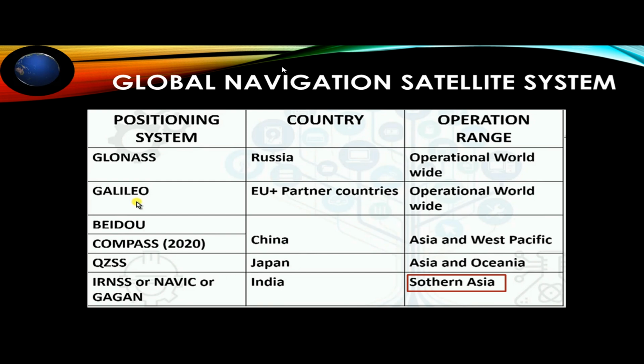BeiDou, also called Compass, is China's satellite system, covering Asia plus the West Pacific. QZSS came from Japan, and its operating range is Asia and the Oceanic regions. And IRNSS is the Indian system, NavIC and GAGAN, which are mostly focused on India.